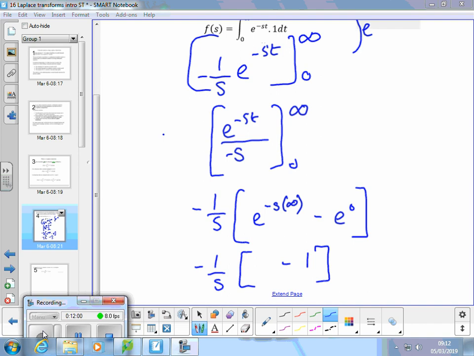It's as the number here gets bigger and bigger, or a bigger negative number, what happens to the graph?